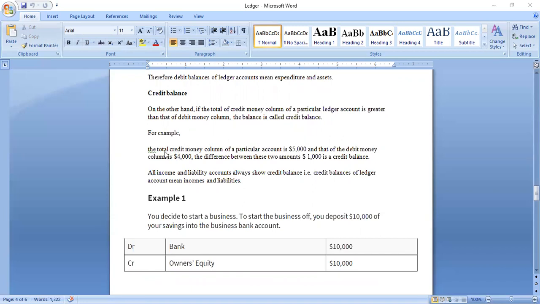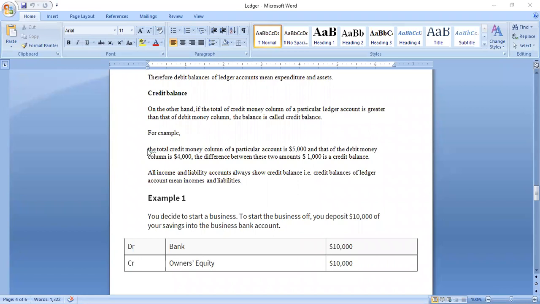For example, the total credit money column of a particular account is 5,000. Now I want to annotate to highlight our discussion.